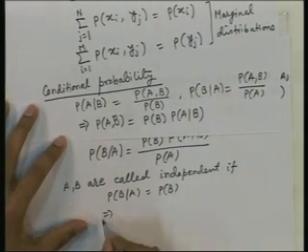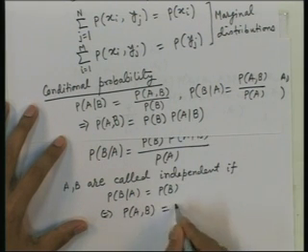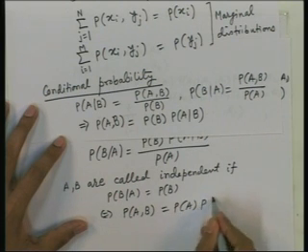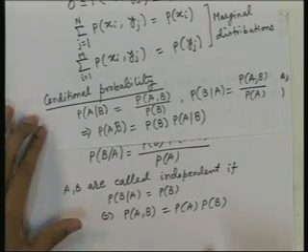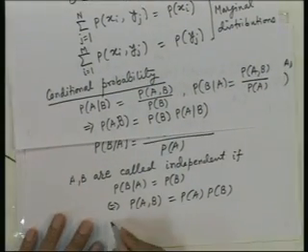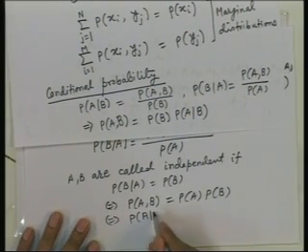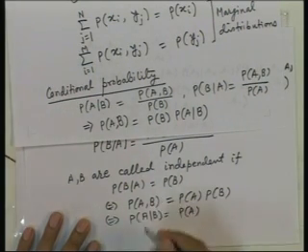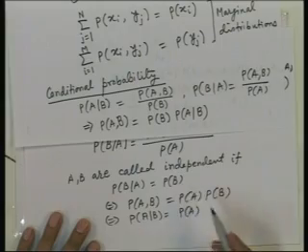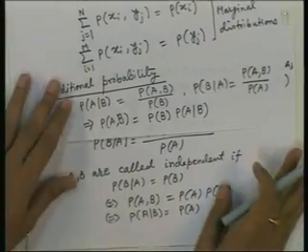So, this is same as saying that the probability of A and B together is equal to probability of A times probability of B. So, this is also same as saying PA given B is PA. So, these are all equivalent, and if this is true, then these two events A and B are called independent events.